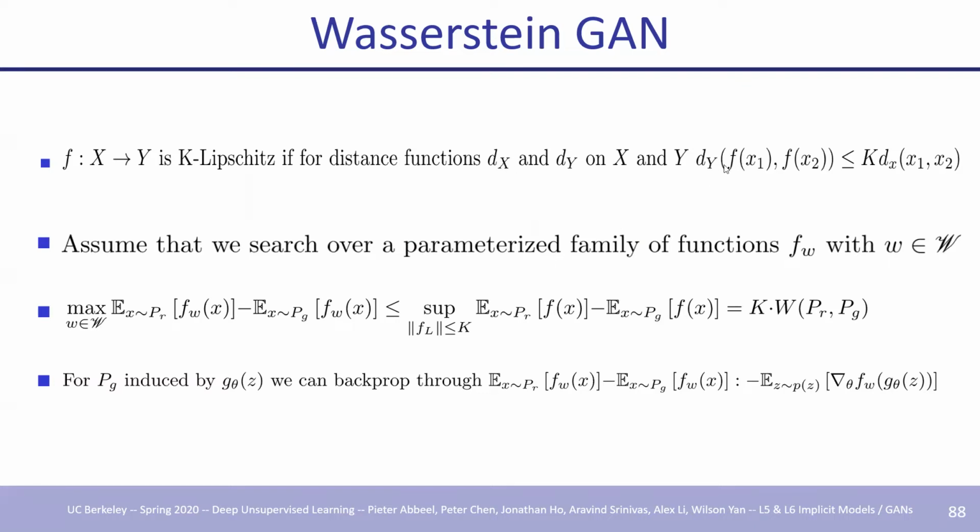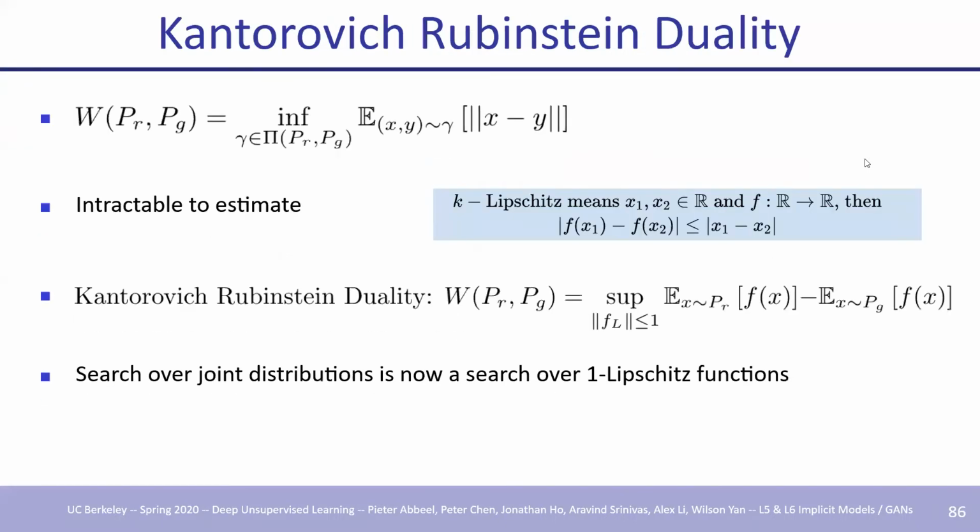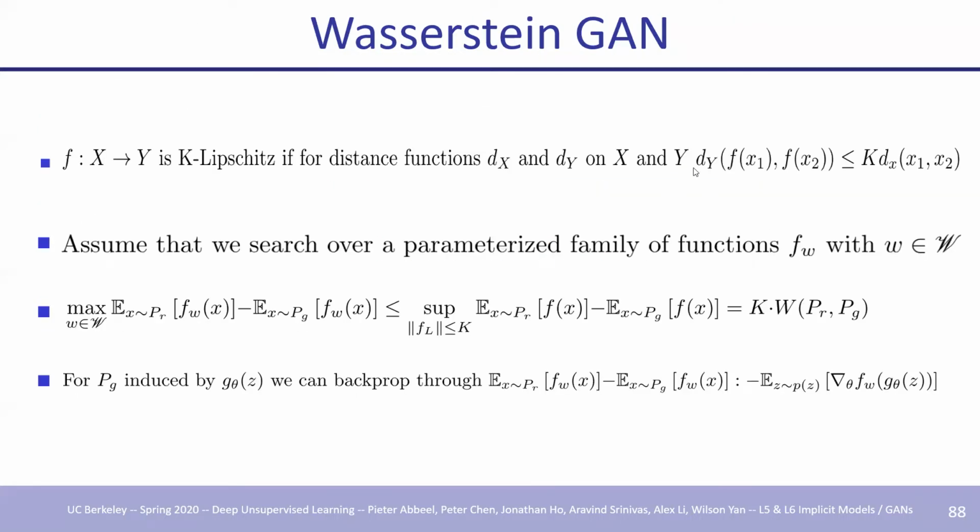It's a little bit generalized: instead of the double bars, we have dx and dy, which are the distances. It's the same thing, a more general way of saying the distance between these two points, and then the distance between x1 and x2, and then you have k for the Lipschitz.